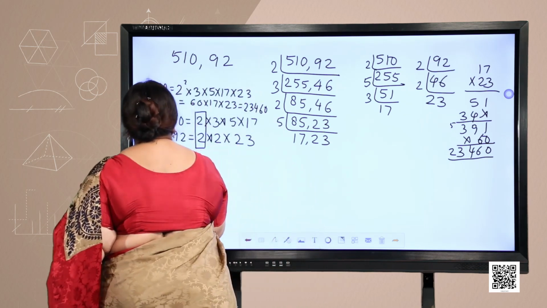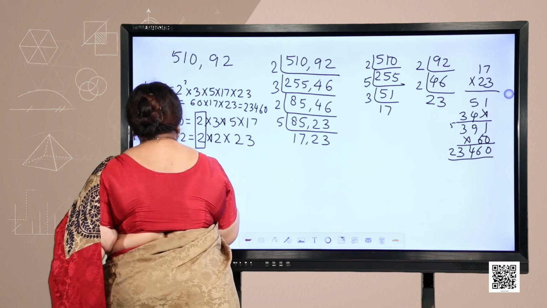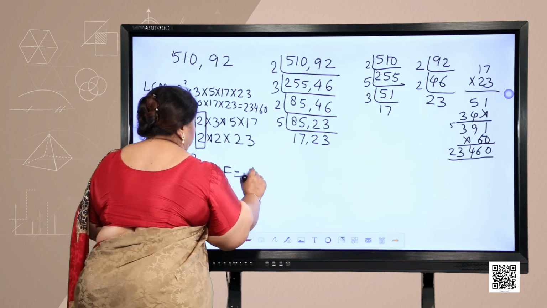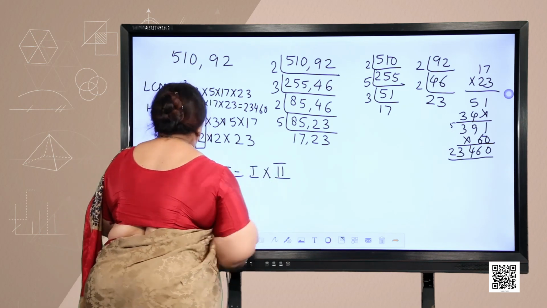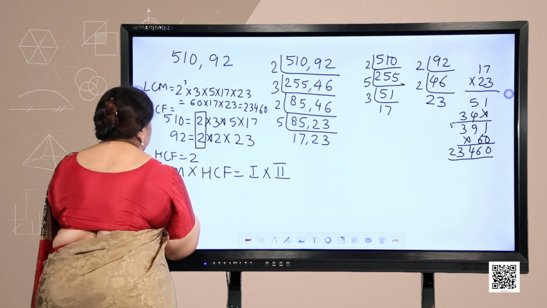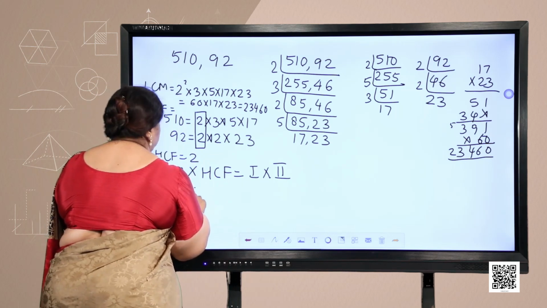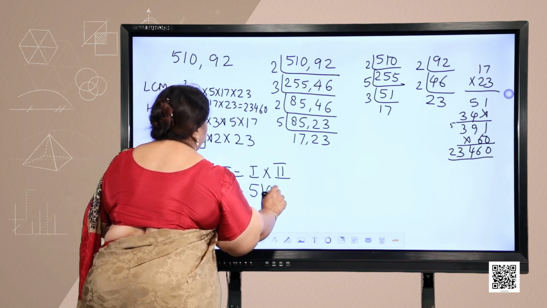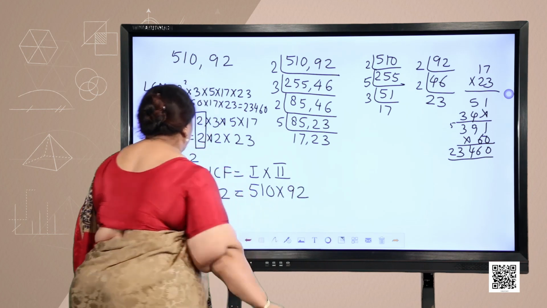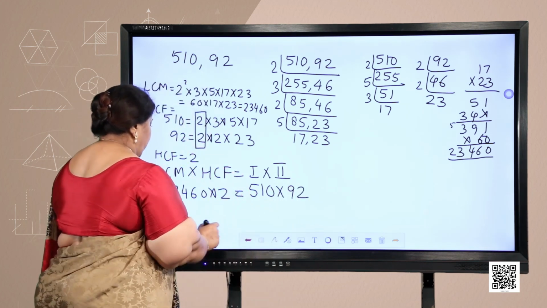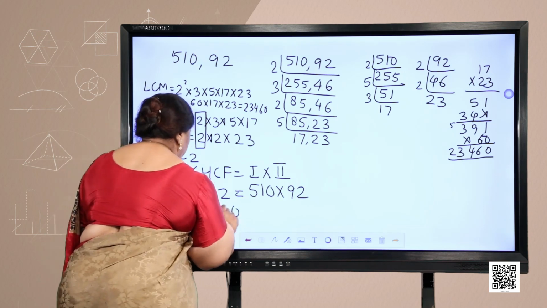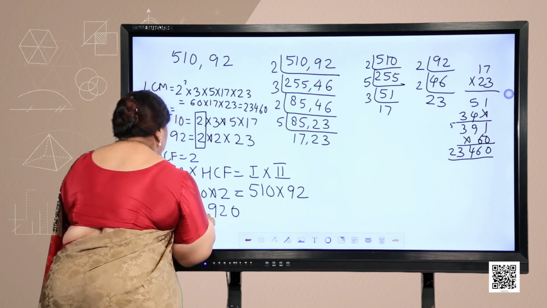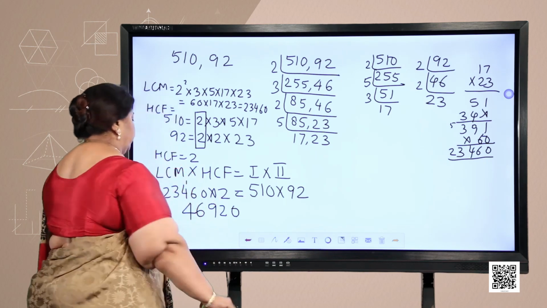Let us verify the result which says LCM into HCF is equal to product of two numbers. So, LCM is 23,460 multiplied by 2 will be equal to 510 into 92. We need to verify LHS is equal to RHS. Let us multiply by 2, 2 6s are 12, 2 4s are 8 plus 1, 9, 2 3s are 6 and 2 2s are 4.